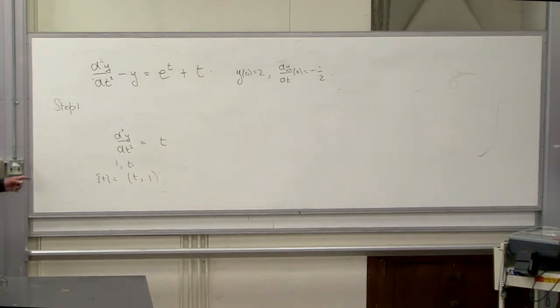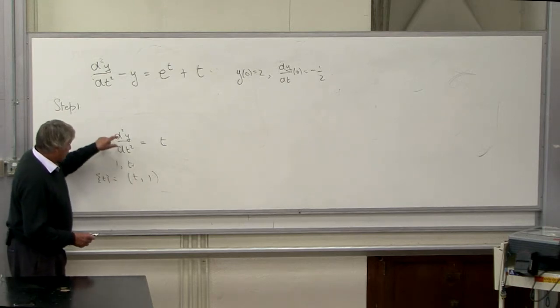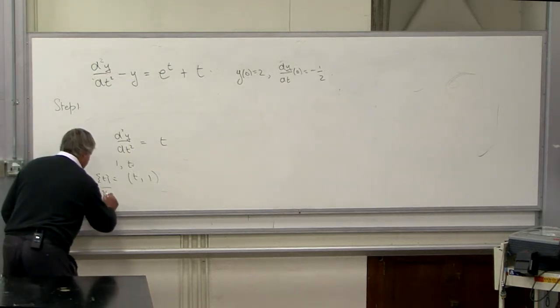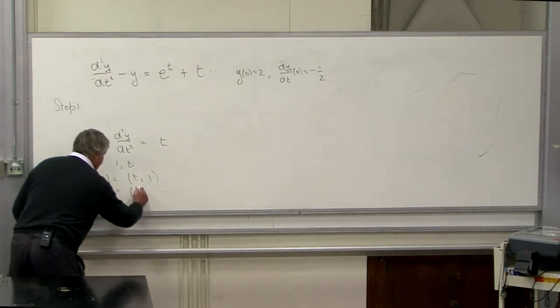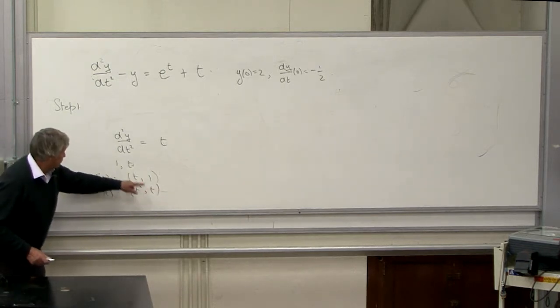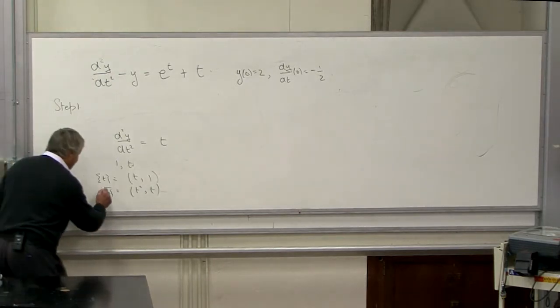Now, I have to modify this because these guys satisfy the homogeneous equation. So, let's modify once. T squared and t. Do any of these satisfy the homogeneous equation? Yes, we're still in trouble. So we have to modify again.